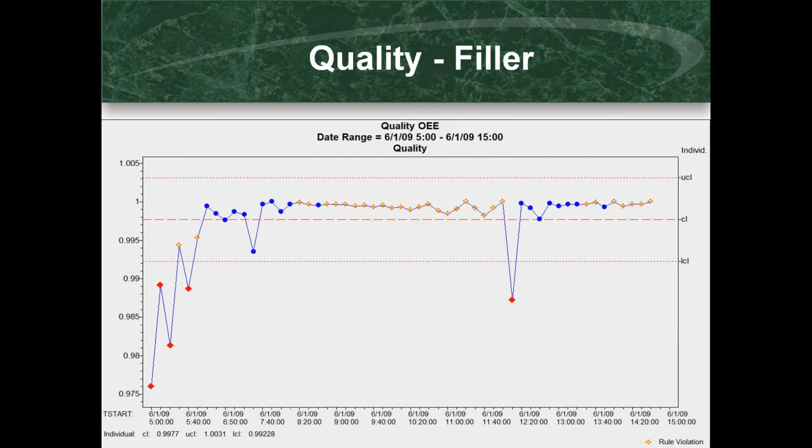Let's take a look here at our quality of the filler. Interesting to see that we have negative quality impacts at the beginning of the shift. We then have another one here towards lunchtime, towards the middle of the day.